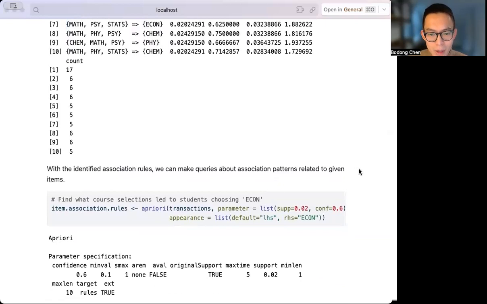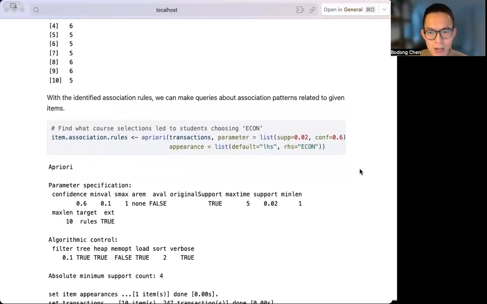At the same time, sometimes we have a big list of rules. When I was analyzing a MOOC data set, the result could be hundreds of different rules or even thousands of different rules. One thing we can do is make some queries into the rules that have been identified.